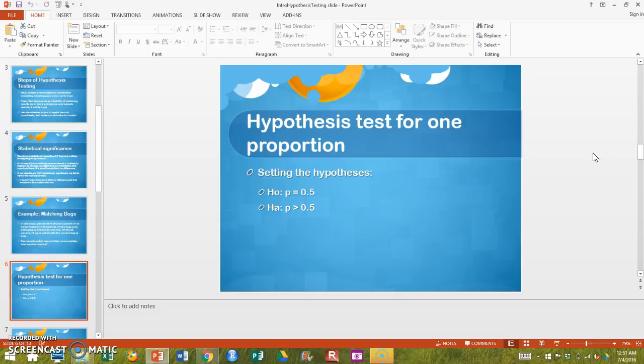We say that the proportion we would expect to get of people being able to match dogs to owners is 0.5. And the thing we suspect might be going on, the interesting result, the thing that our sample data maybe starts to indicate to us, is that the proportion of dogs that can be matched to owners is greater than 0.5. So that's setting the stage for this. So now we need to test this.